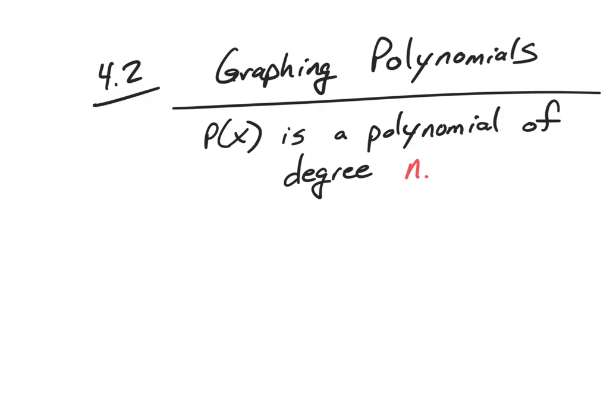Okay, P of x is a polynomial of degree n. Now, what does that mean? Well, if I wrote a polynomial, and I'm putting this in red so we know what's going on here, the highest exponent, if it's in standard form, is the degree, and that degree is going to tell me a lot of different things about the graph.